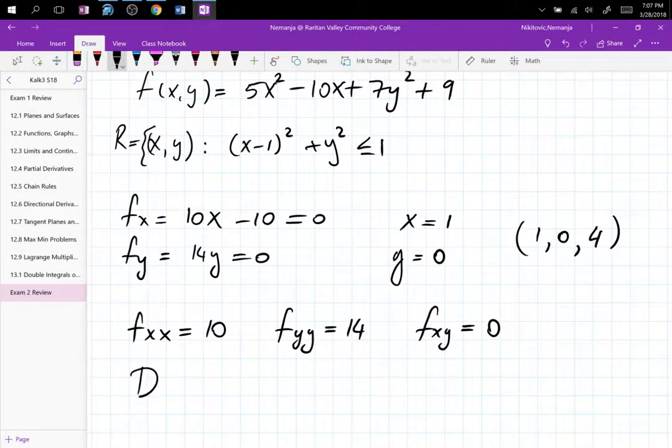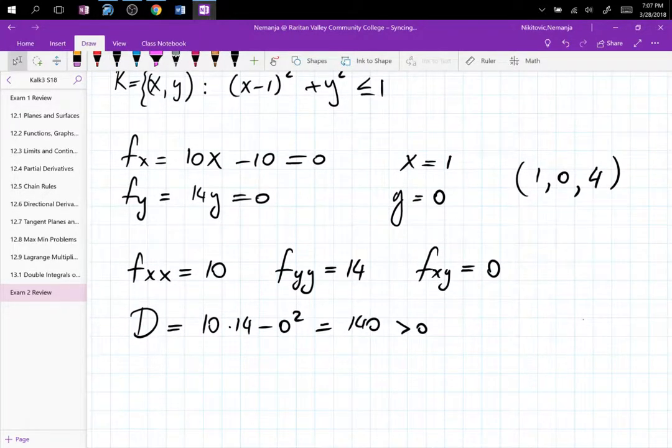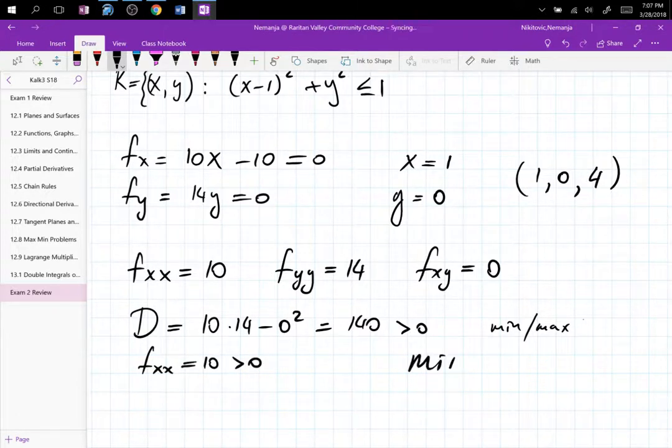So now we can calculate d. d is 10 times 14 minus 0 squared, which is 140. Now that's bigger than 0, right? For bigger than 0, we can have a min or a max. And when it's less than 0 it's a saddle. So now we also have that fxx is positive. So it's a min. So we know this is a minimum.